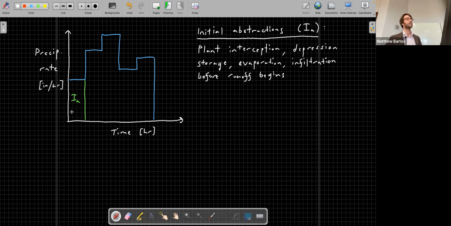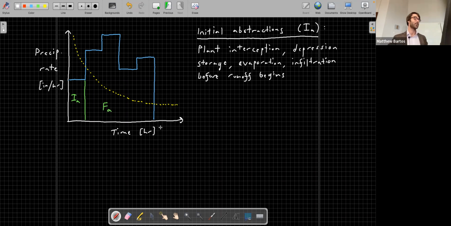So in our rainfall event, we have some initial component of the rainfall that is lost to initial abstractions. And then for the remainder of the rainfall event, much like the Green-Ampt method, we have essentially a division of the rainfall into two parts. The first part is the infiltration, which I'll call FA.